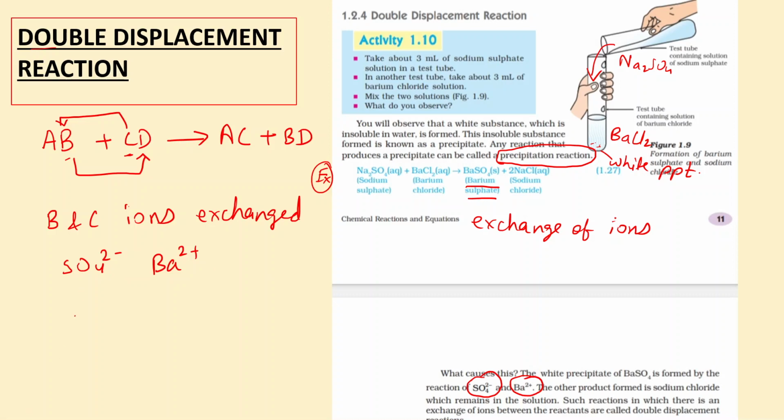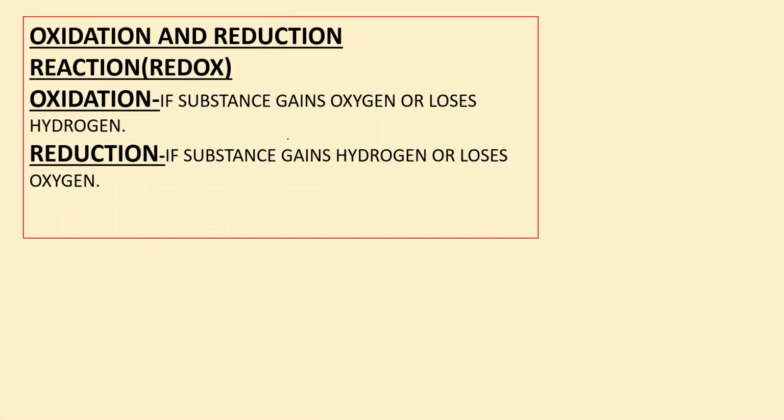Now moving on to the last, oxidation and reduction reaction. We can see the definition here. Oxidation means addition of oxygen or losing hydrogen, plus O or removing hydrogen. And reduction is just the opposite: losing oxygen or adding hydrogen.